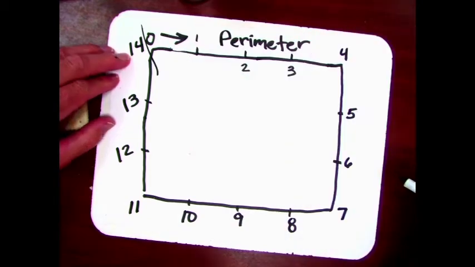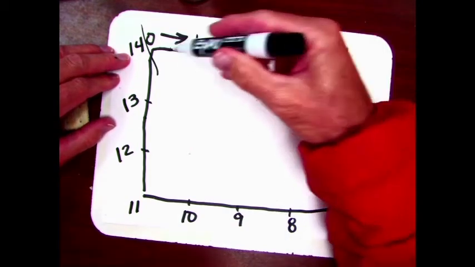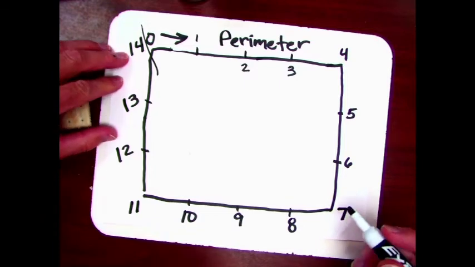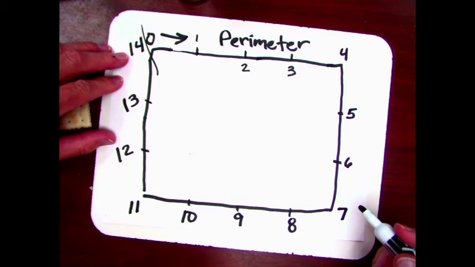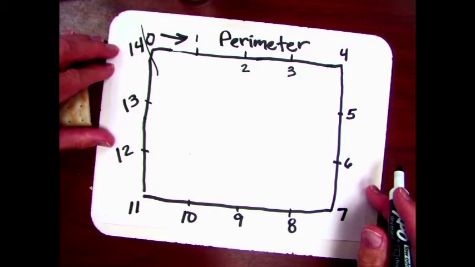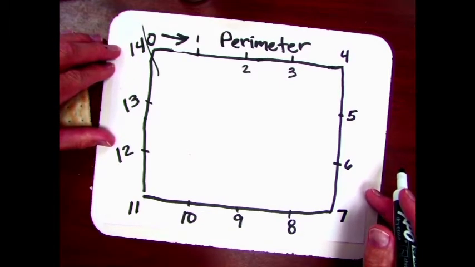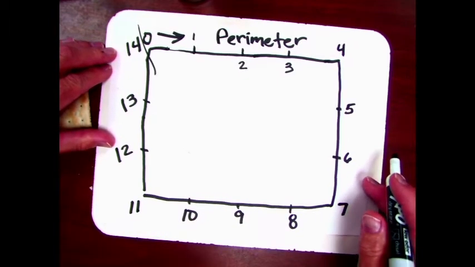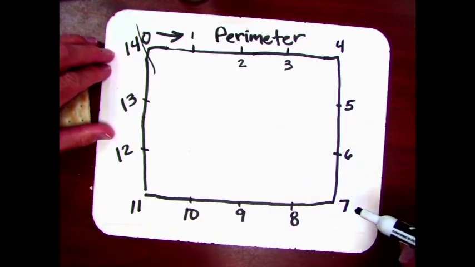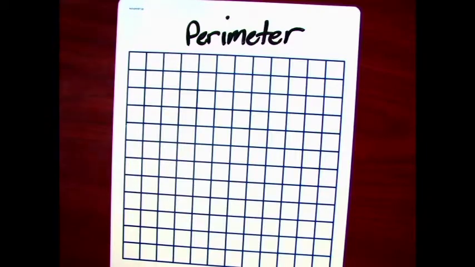This is not 140. I started with 0 just to count like on my number line, but when I got back to 0, that corner was the 14th length that I had to include in my number line. So my perimeter is like counting on a number line. My perimeter for this particular shape is 14.